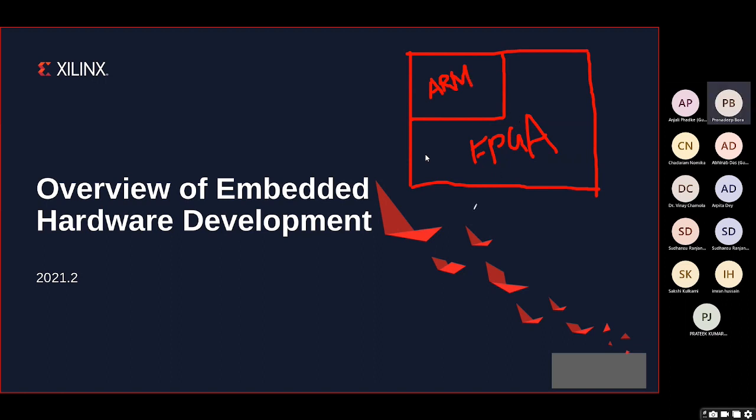So ARM plus FPGA, they call that an all programmable SoC. All programmable means we can do hardware programming on the FPGA, and we can do software programming on the ARM. And they trademarked it as Zynq 7000 SoC.